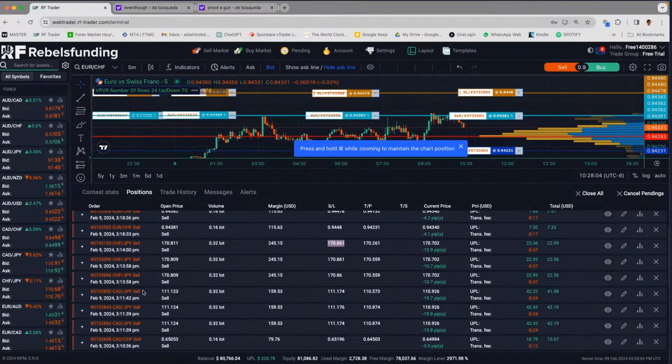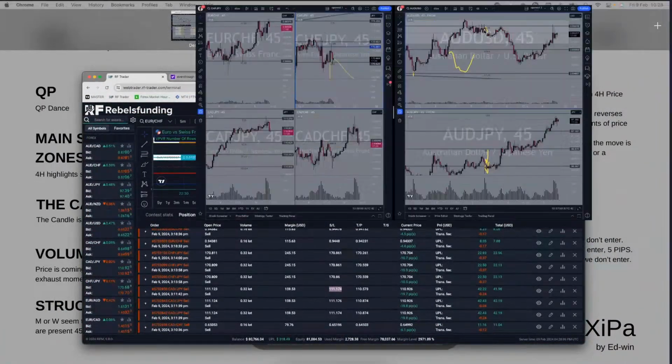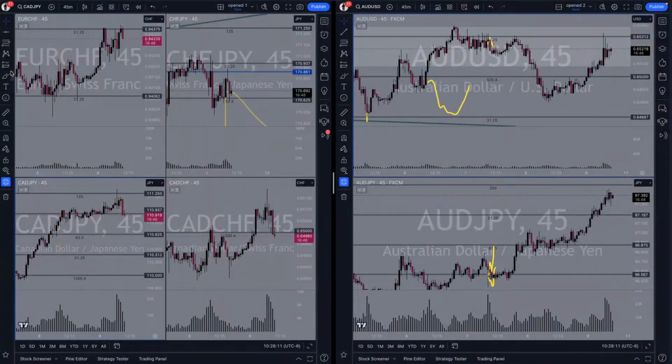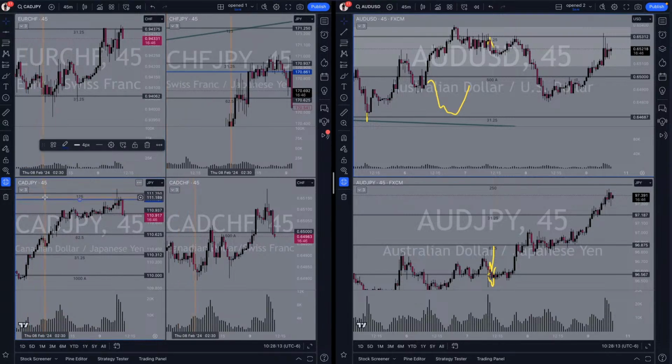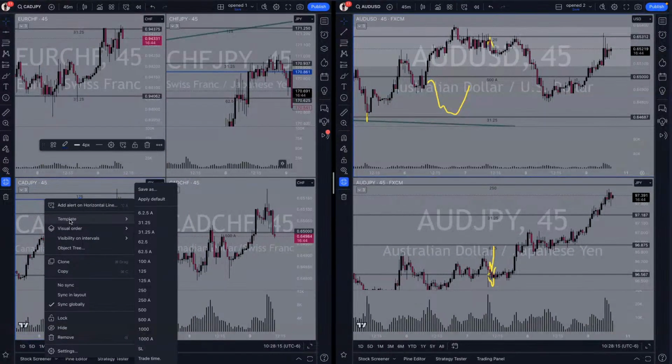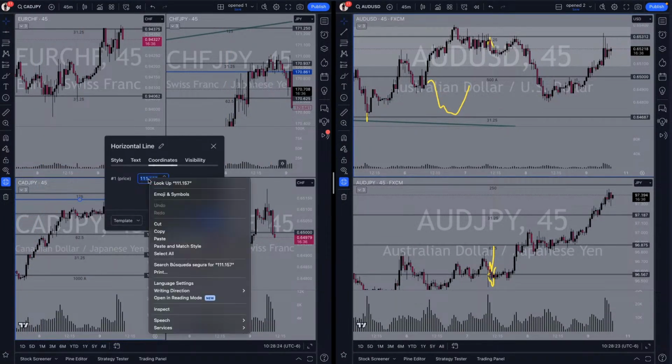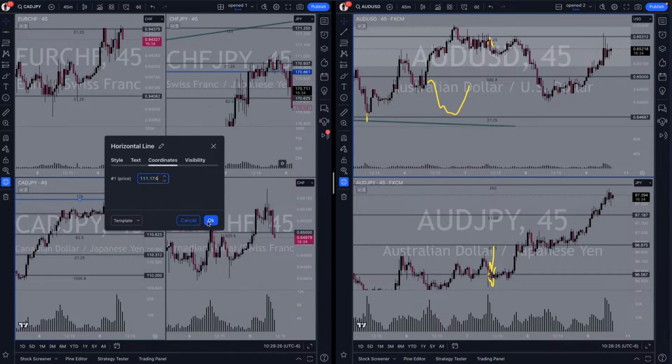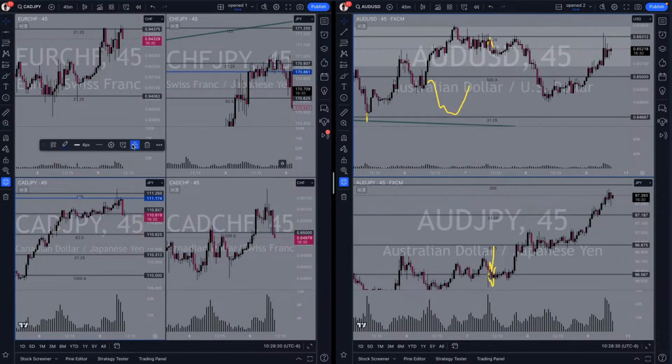Okay, so let's go. Let's cut gen. This is the stop loss. Okay, that's the stop loss in cut gen.